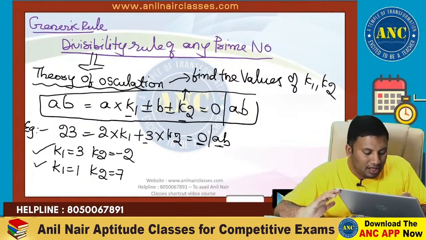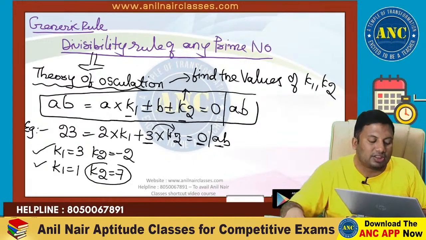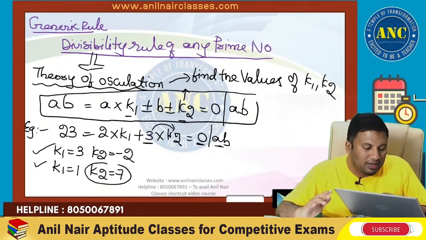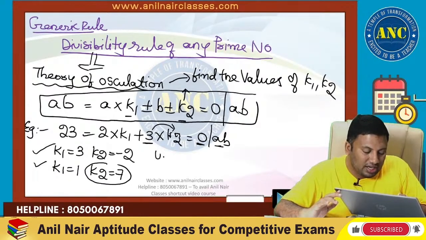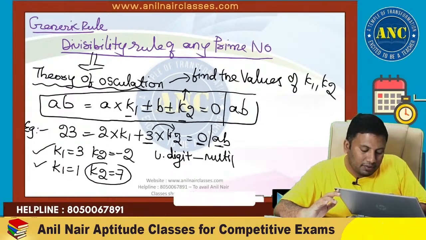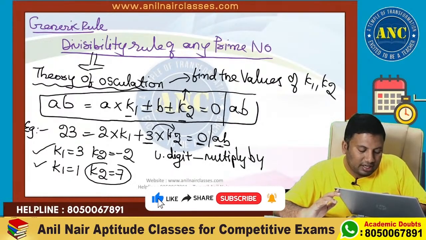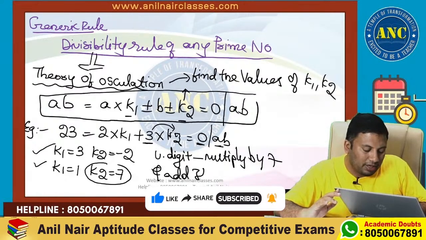Now, the 3 is multiplied by K2, which is nothing but 7. So the divisibility rule of 23 is: take the unit digit, multiply it by 7 and add it to the remaining part.